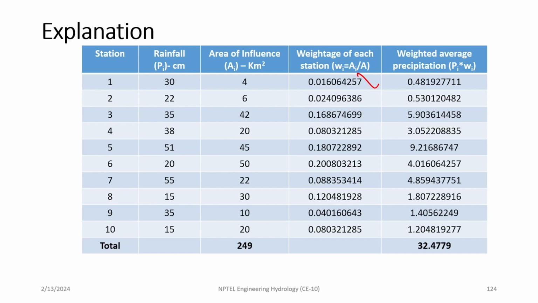So 0.0160 into 30, it's coming 0.48. Yes, 0.48 is correct. You are getting this.